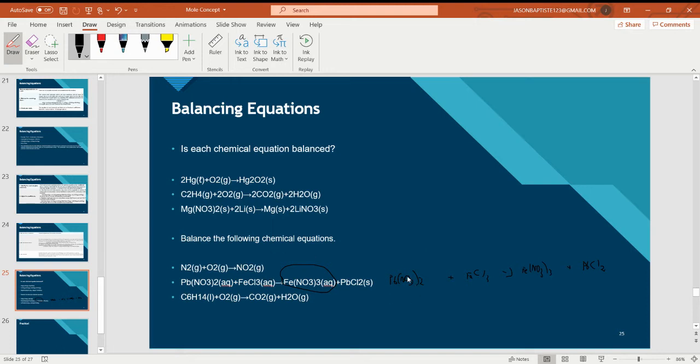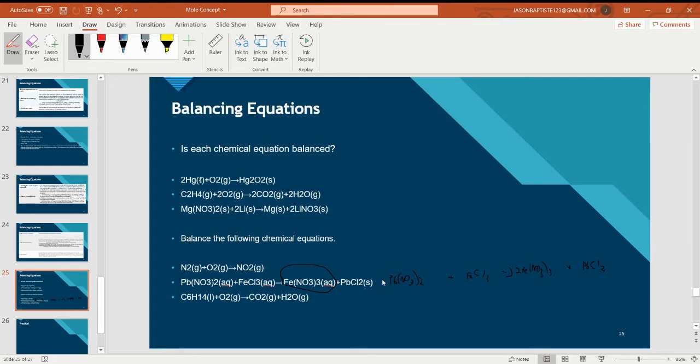So we have 3 nitrates on this side and 2 nitrates on this side. So how would we go about balancing that? Well, we could simply add a 2 here, which will give us 6 nitrates on this side.